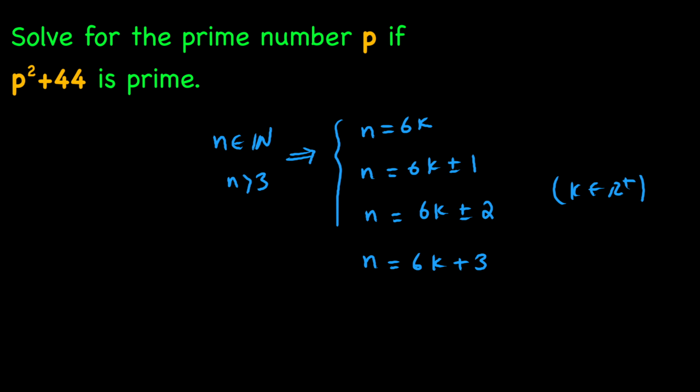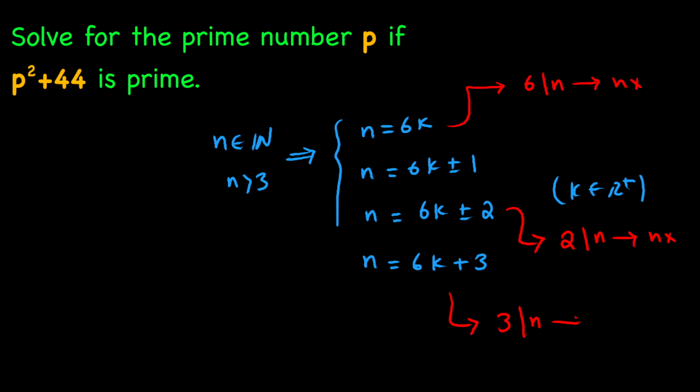Now, notice that in the first case, we can clearly say that n is divisible by 6, therefore n is not a prime number. In this one, I can say that 2 divides n, therefore n is not a prime number. And this one indicates that 3 divides n, therefore n is not a prime number.